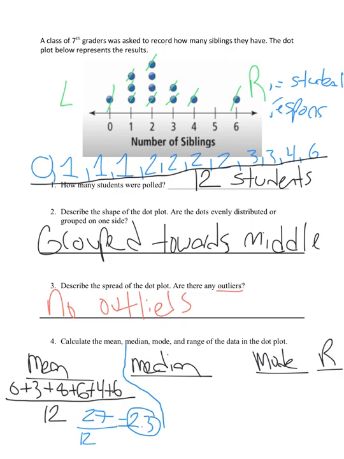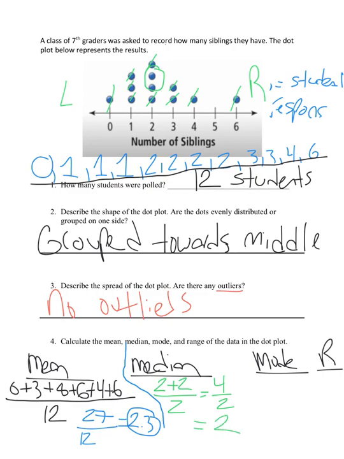And we have an even number of values, so remember we're expecting to have 2 values in the middle, and notice we're left with these 2 values. So once again, if we're finding the median, remember we add those 2 values together, 2 plus 2, because those dots each represent a value of 2. Divided by 2, we end up with 4 over 2, which would equal a median of 2.